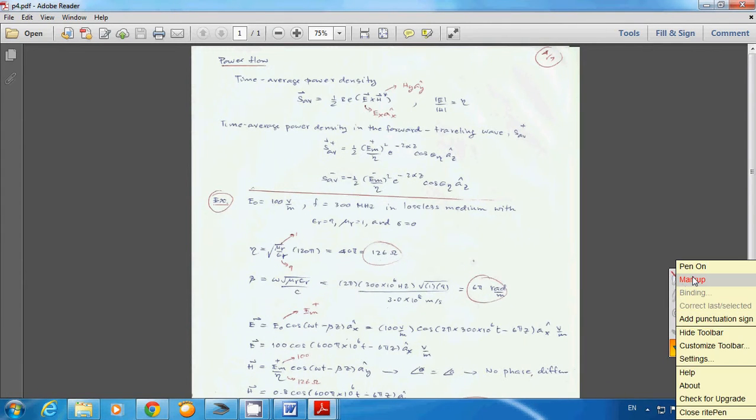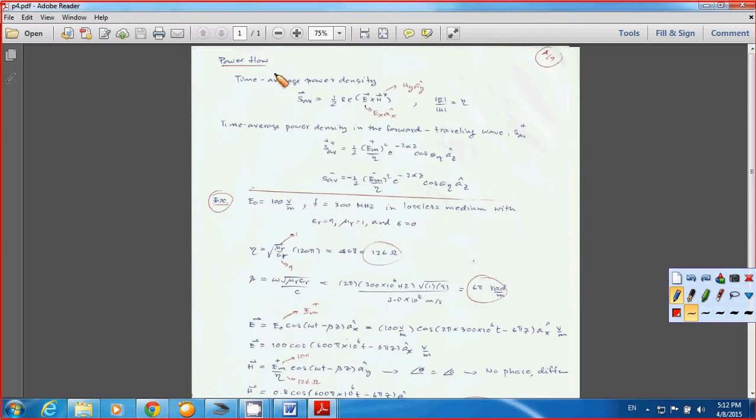Okay, now take a look at the power flow. Since you already know that the electromagnetic wave is going to propagate in the direction of E cross H, and that gives you the direction of the power flow. So the power flow depends on the magnitude of the electric field and the magnetic field.